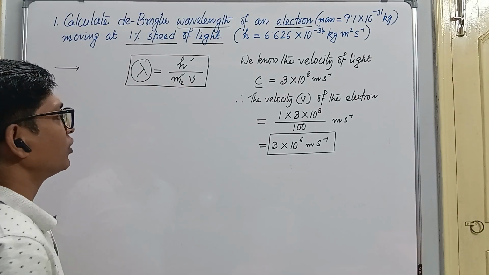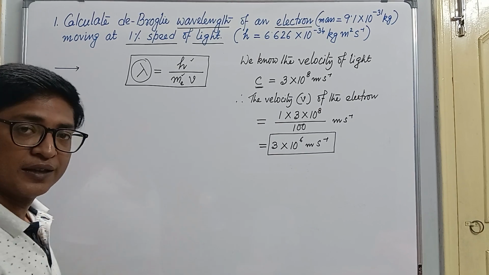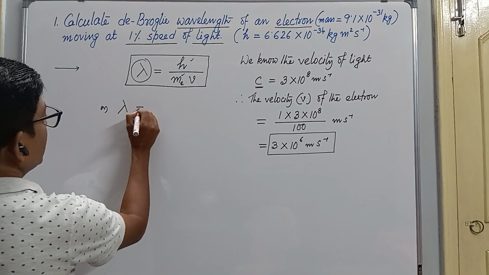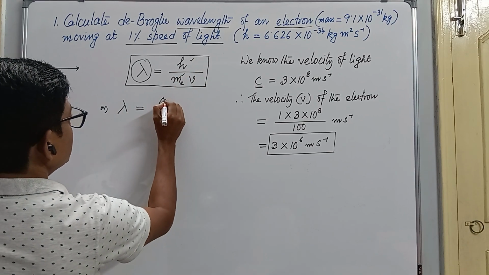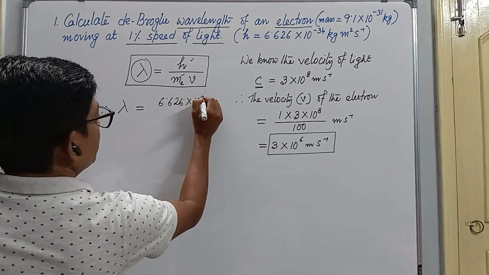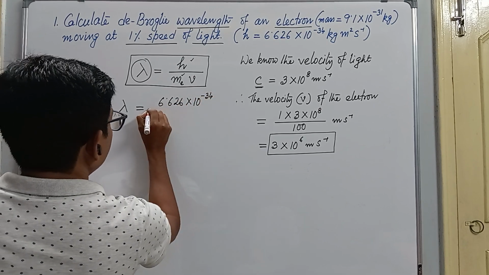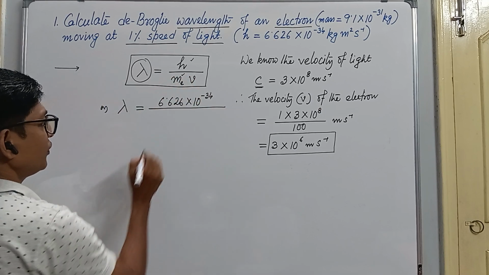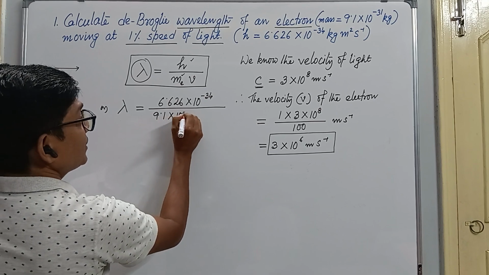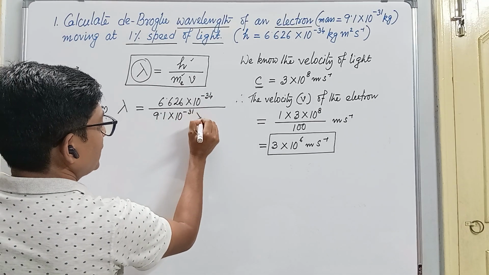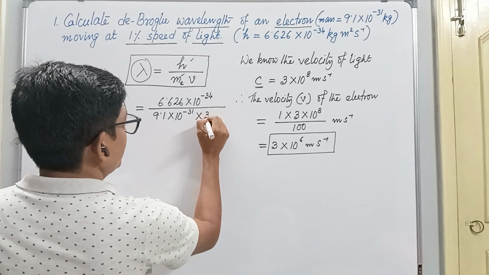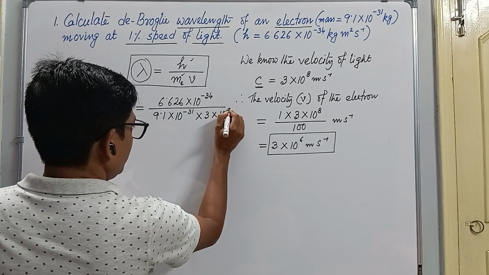Once I have the value of the velocity, the remaining thing is very simple. We need to provide the value for Planck's constant, 6.626 into 10 to the power minus 34, whole divided by the mass of the electron, that is 9.1 into 10 to the power minus 31, multiplied by the velocity that we got from the previous calculation, 3 into 10 to the power 6.